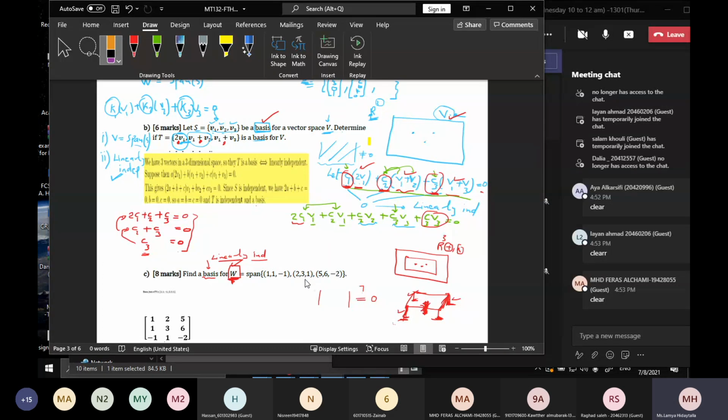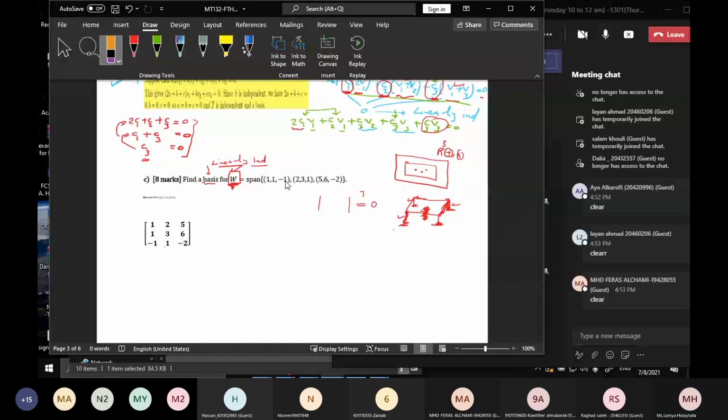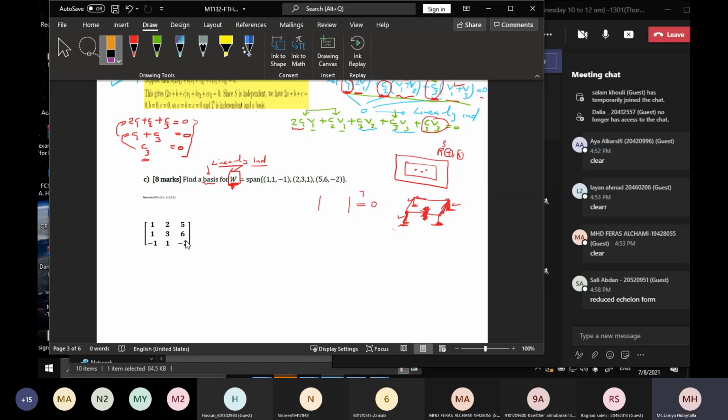What do we do? We had it in our course. What did we do? We list the vectors like that, and we try to reduce to the echelon form. The columns that have leading ones correspond to the vectors that are part of the basis.